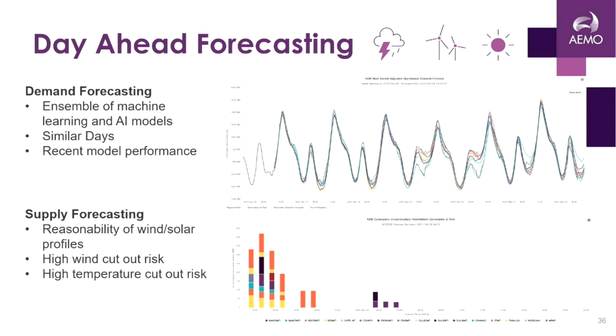This technique has been used with great success for many years in the weather industry and is now adopted in other industries like ours. It also has the added benefit of producing risk analysis and probabilistic forecasting as well, which we use for our risk assessments and to assess scenarios in the control room. We also produce other custom tooling, like those to forecast high wind and temperature cutouts of wind farms, again for situational awareness. And you may recognize some of the open source plotting libraries behind you in some of those charts and dashboards.